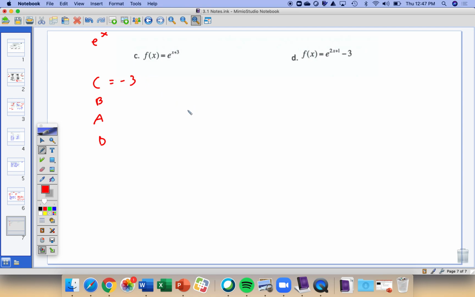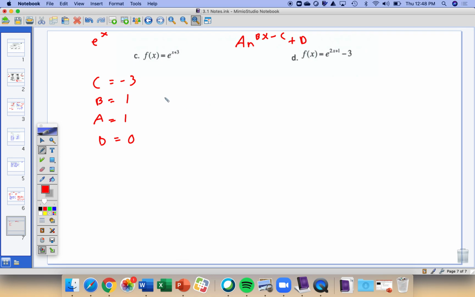And you're like, Mr. Walsh, why is it negative 3? Well, because remember, it's a e to the bx minus c plus d. So because it's minus c, this is a plus 3. The only way to get this to be a positive is for c to be a negative. So c is negative 3. B is 1, A is 1, and D is 0.